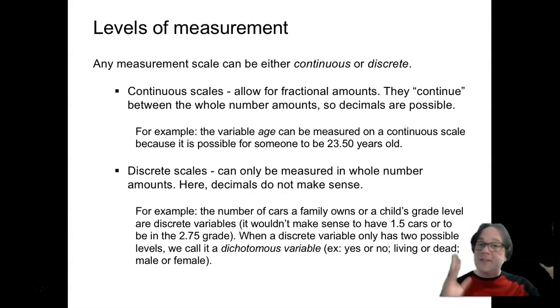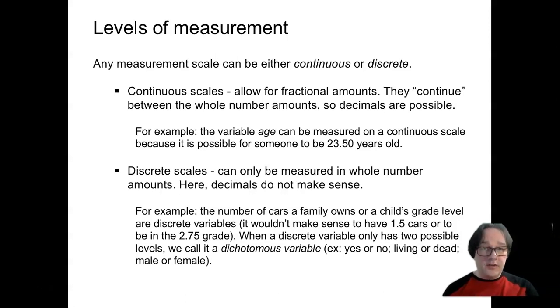But once we start consolidating this data, those discrete variables can sometimes start acting as continuous variables. Or if not acting, we can at least treat them like continuous variables, meaning that we can start using some of these statistical techniques that we're going to learn throughout this semester on these types of variables, even though it wouldn't really make sense to do so at an individual level.